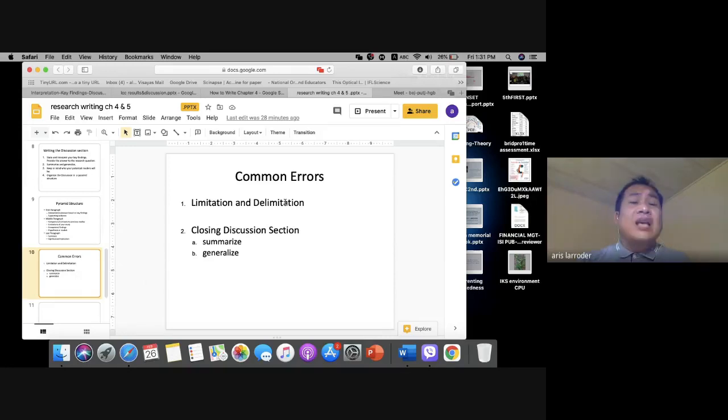Limitation is just a subsection of your results and discussion. Delimitation is found as a section of your chapter 1. So there is actually a difference between limitation and delimitation. Again, you do not repeat your delimitation in the limitation.